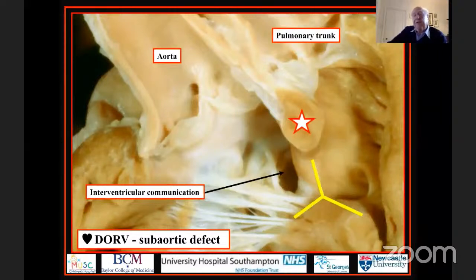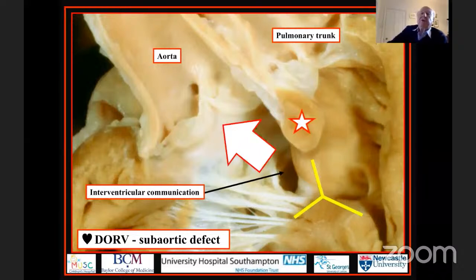And clearly, you see, it is attached to the cranial margin of the embryonic interventricular communication, and that is committing the interventricular communication to the aortic root. And this is the essence of double outlet right ventricle with a subaortic defect.